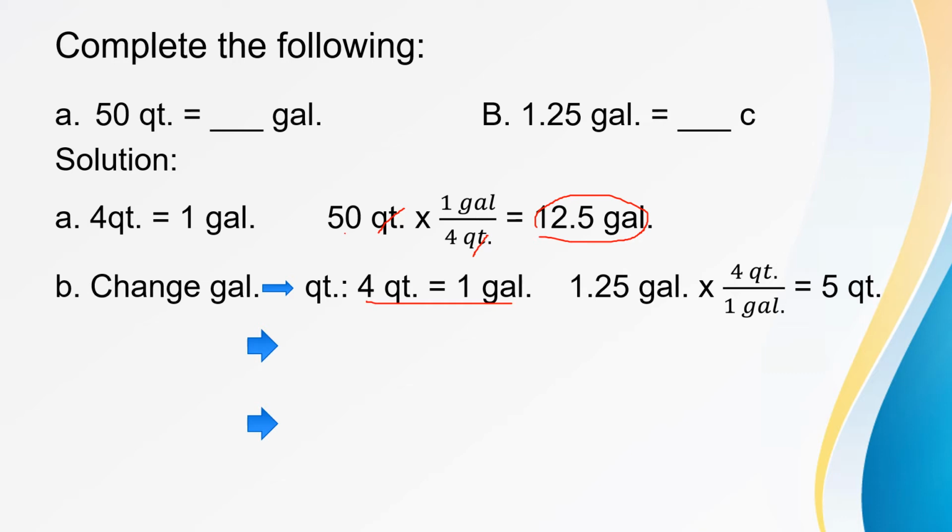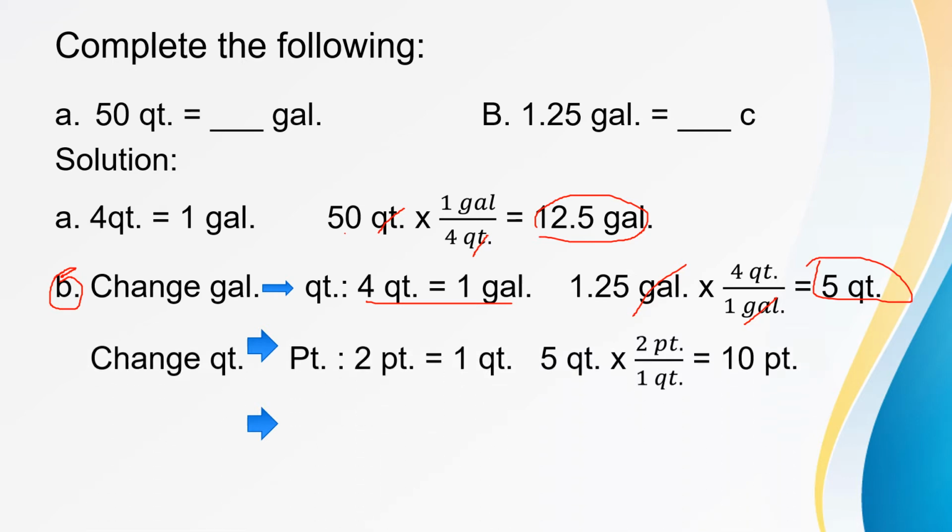So 1.25 gallons times 4 quarts over 1 gallon. Cancel the units. 1.25 times 4 is 5 quarts.